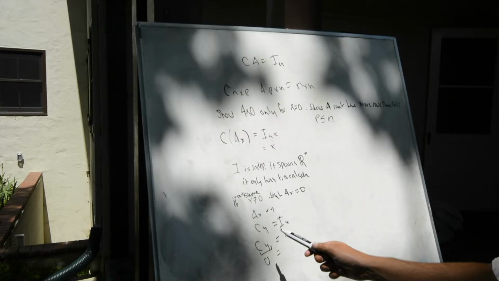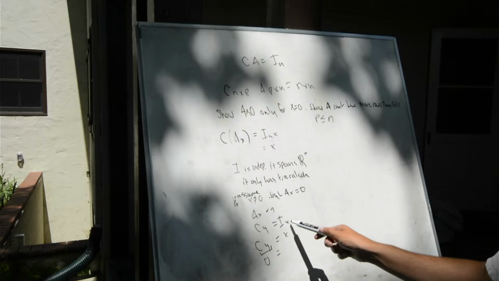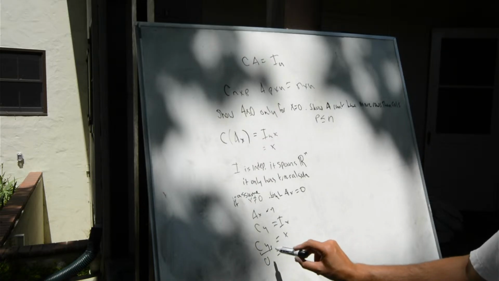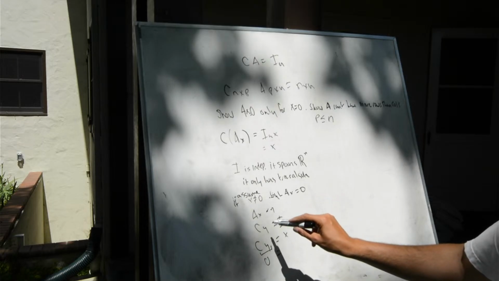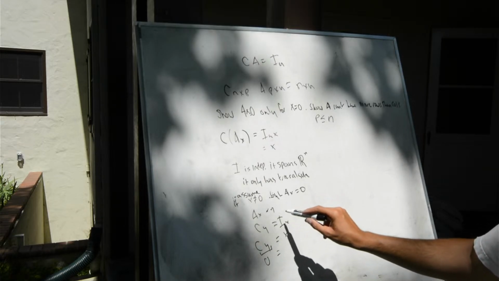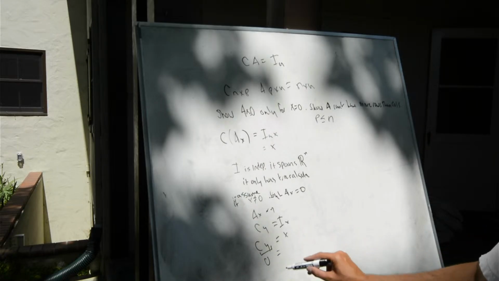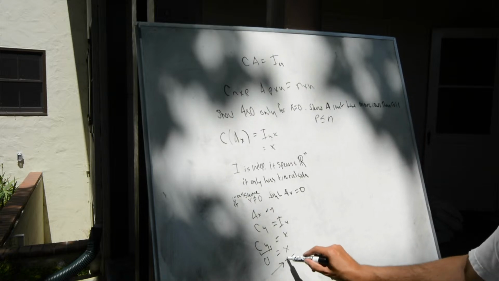Then we substitute it in and we get CY is equal to IX, because we multiply both sides by C. But since X is a non-trivial solution to AX equals 0, Y is 0, so CY has to be 0. But then X is equal to 0, but we assumed otherwise, so then it's a contradiction. All right, so that's that.